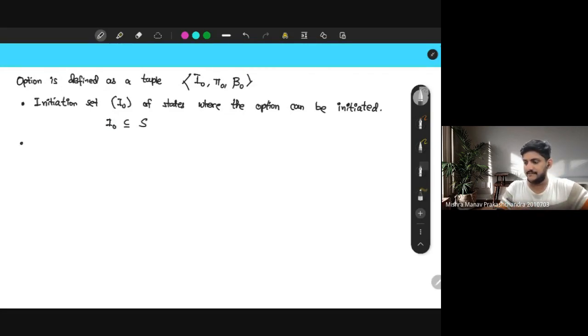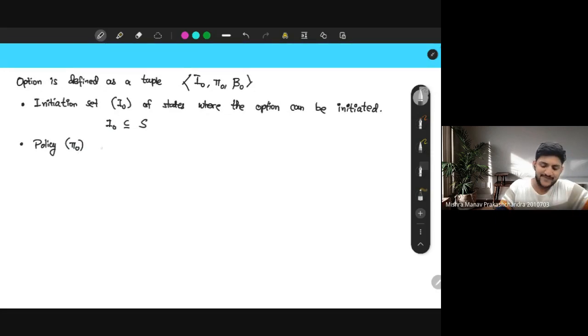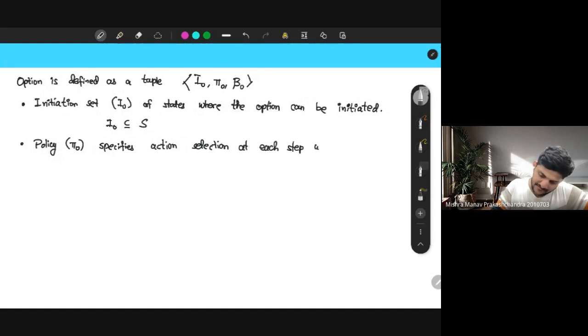Next up, we have the policy. My policy pi_o specifies action selection at each state within the option.